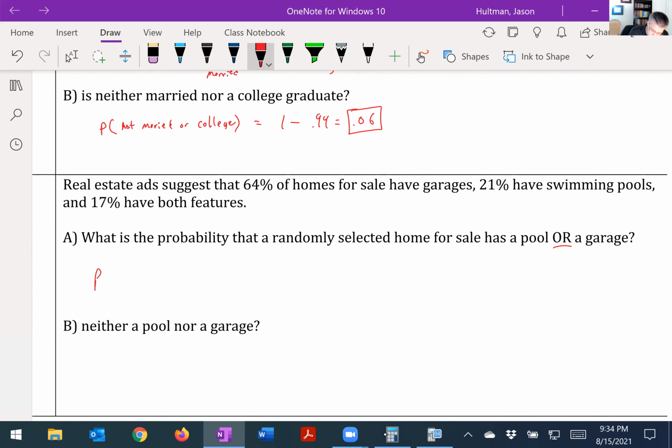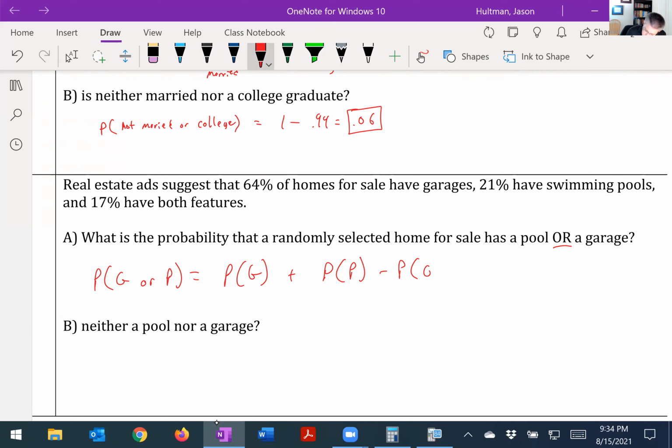Okay, so same type of problem. We're not going to do a Venn diagram on this. We're just going to use the formula. Probability of garage or pool is equal to the probability of garage plus the probability of pool minus the probability of garage and pool.